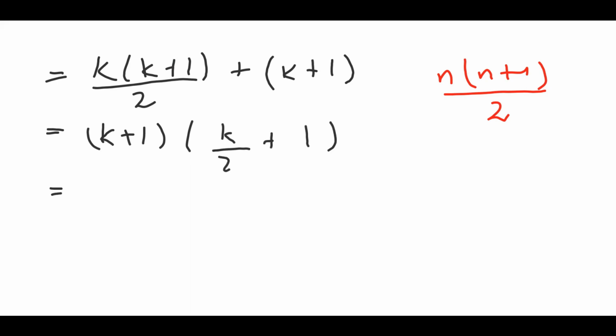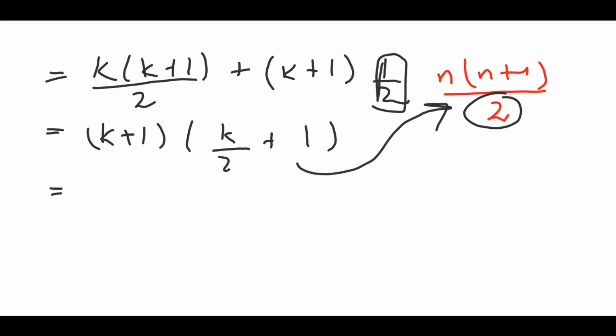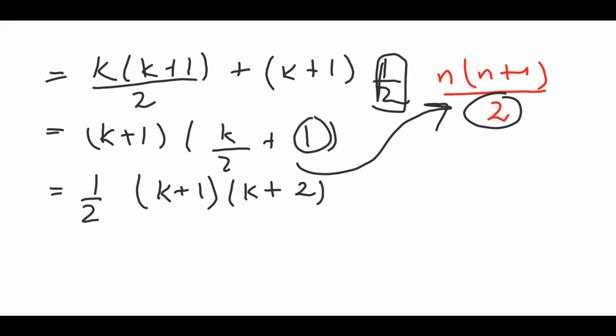So now if you take your 1 by 2 common, you can take it into this form, which means that there is a 1 by 2 factor that is multiplying with this. So we take 1 by 2 common and we have k plus 1 and we have k plus 2 over here, because 2 into 1 by 2 would give us 1 over here, which is in the last step.